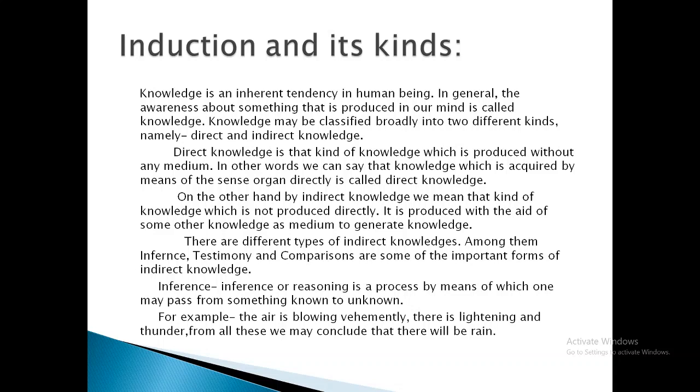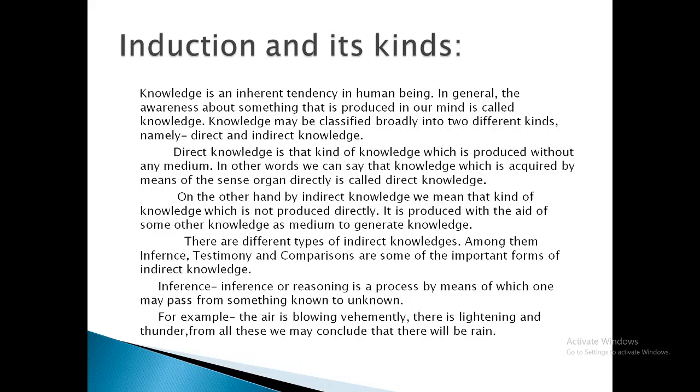Actually, we have our 5 sense organs. We have our eyes, ears, nose, skin, tongue. With the help of these 5 sense organs, always you are receiving something. For example, directly you can perceive in front of you a ball, an apple, etc. Directly you can listen to some music.